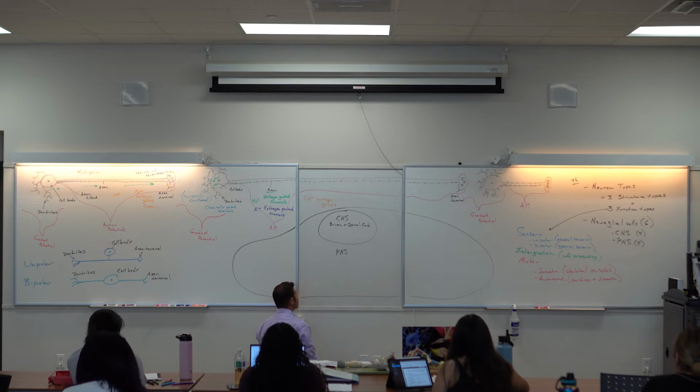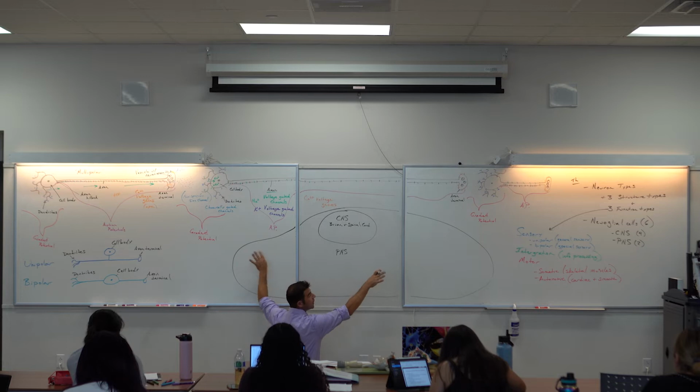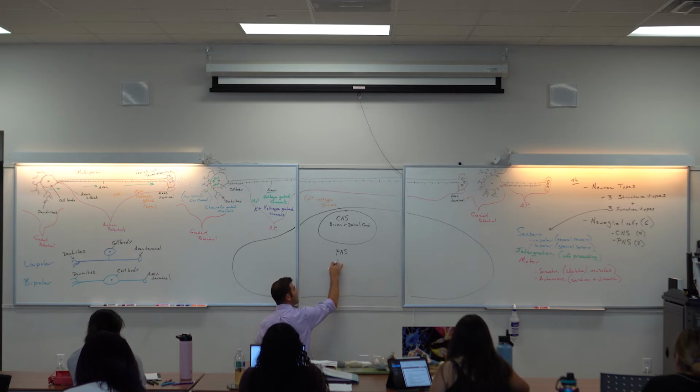This may be too much, but since we have the neurons drawn up there, I'm going to go ahead and get this out of the way because hopefully it will be easier to understand here. When we're thinking about the peripheral nervous system, you're going to see some terms like ganglia, and then the term nerves.